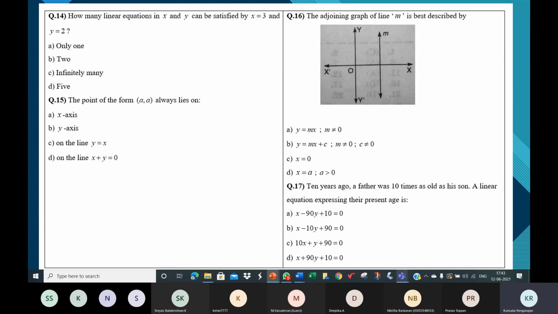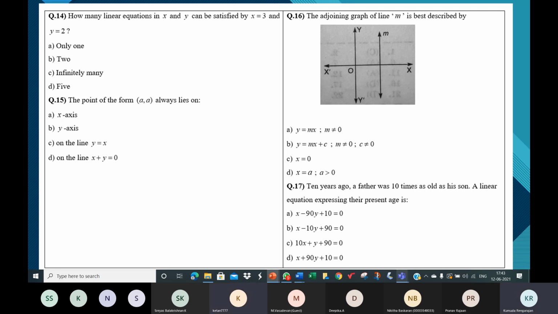So clearly, since many lines can be drawn passing through the point 3 comma 2, every line is given by a linear equation. So the question is how many linear equations in x and y? Infinitely many linear equations in x and y.